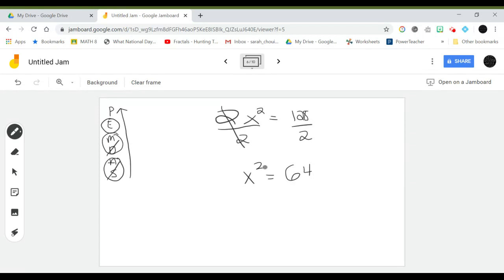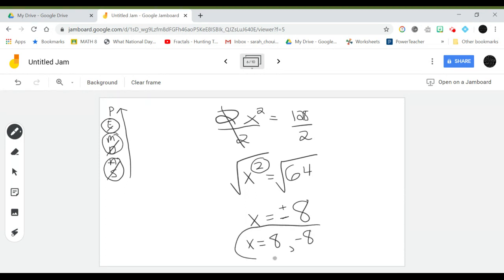Now I have to get rid of the exponent of 2 by using a square root of both sides. So the square root of 64, remember, it's not just 8. It's +8, but it's also -8. So my two answers here are 8, but it's also -8 as well. We have two answers to this problem.